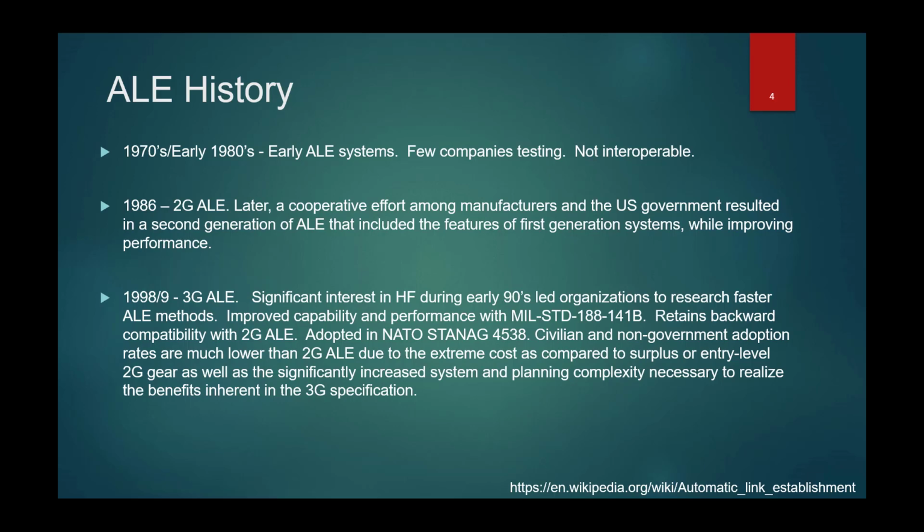With third generation automatic link establishment, they used faster methods to link up faster, and some other little bits and pieces that they added on. This overall improved capability and performance was realized in MIL standard 188-141B.